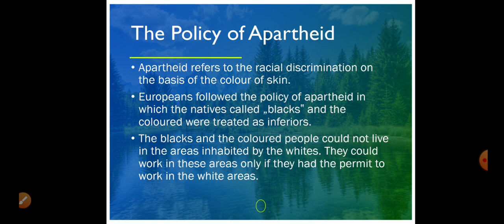The blacks and the colored people could not live in the areas inhabited by the whites. They could work in these areas only if they had a permit to work in the white areas. If the blacks or the colored people were seeking any work in the white areas, then they had to get a permit for that work.